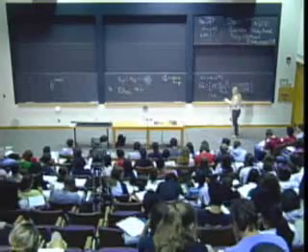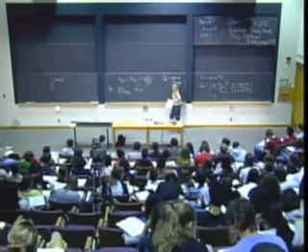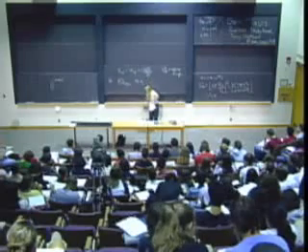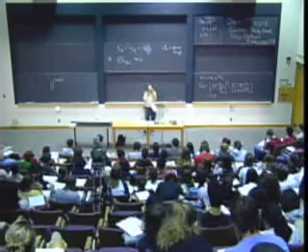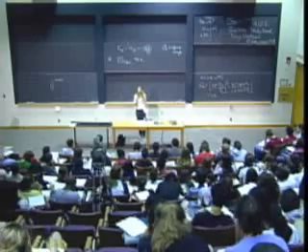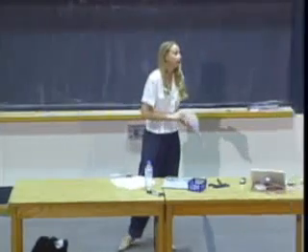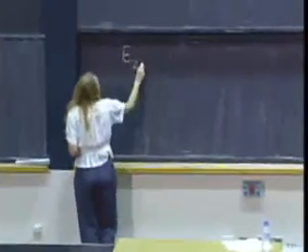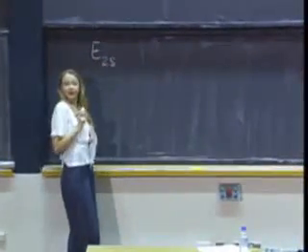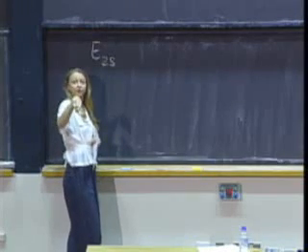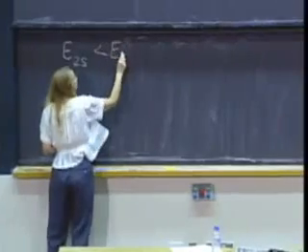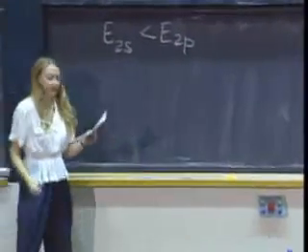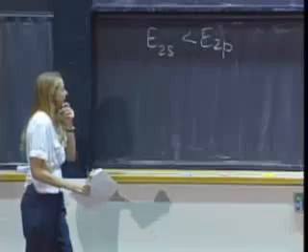So now, this effective charge and the physical concept of shielding is what's so important in why the energy of the 2s state is lower than the energy of the 2p state. All right? So an electron in the 2s state is more strongly bound than in the 2p state. That energy is lower than the 2p state. Why is that the case?